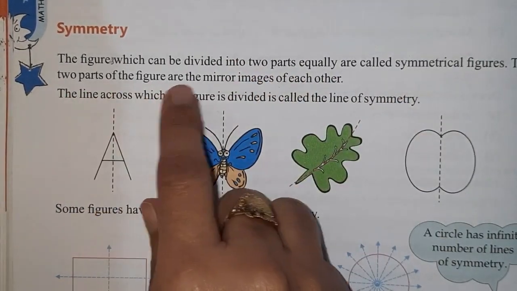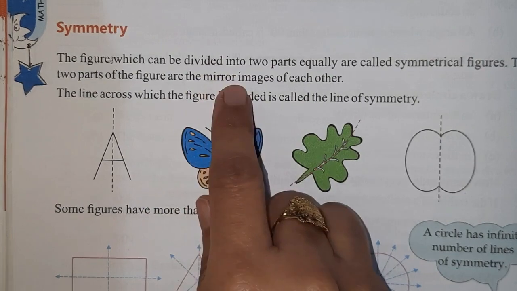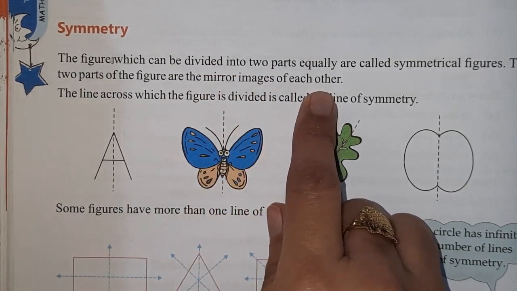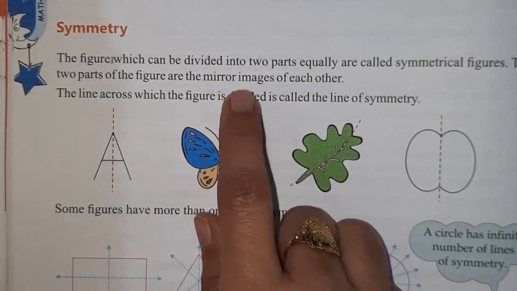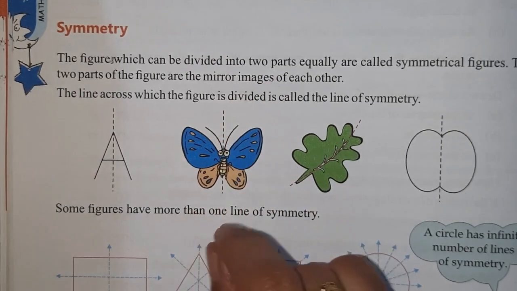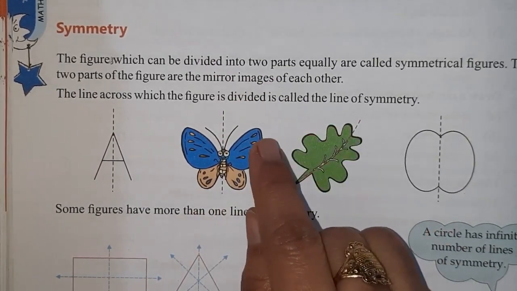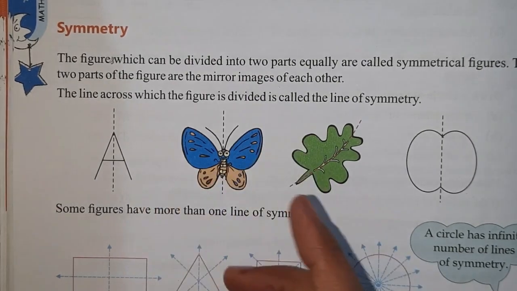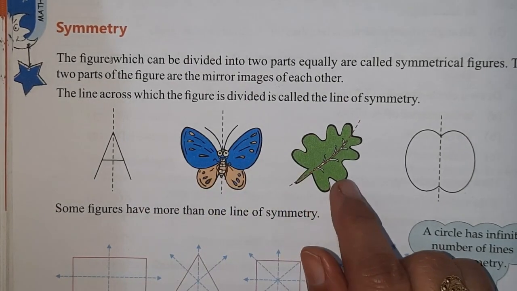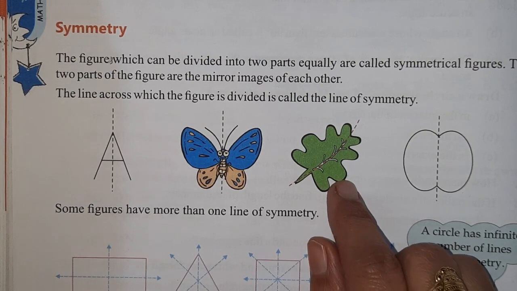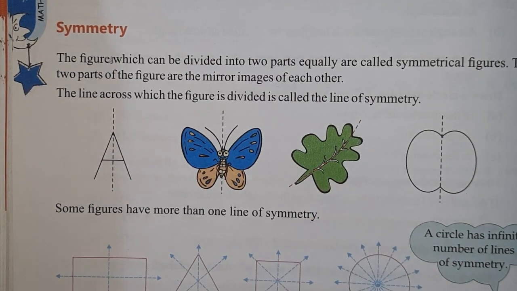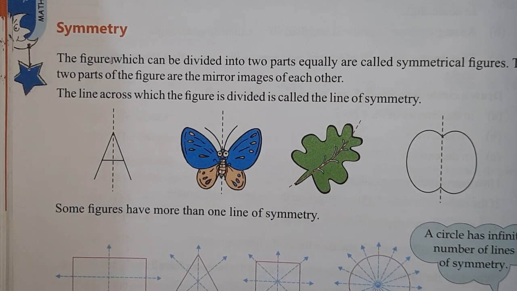The two parts of the figure are the mirror images of each other. What is the meaning of mirror image? Mirror image means something that looks exactly the same as another thing, but with its left and right sides in opposite positions. Like if you stand in front of the mirror, you get the same image. That is mirror image.